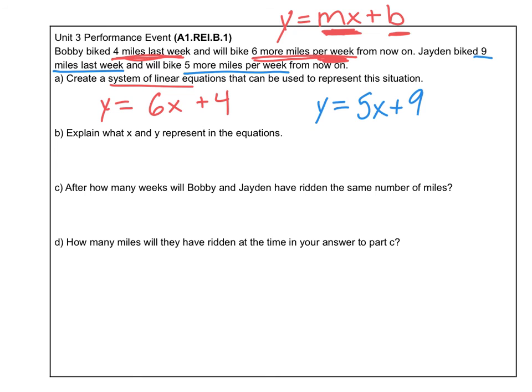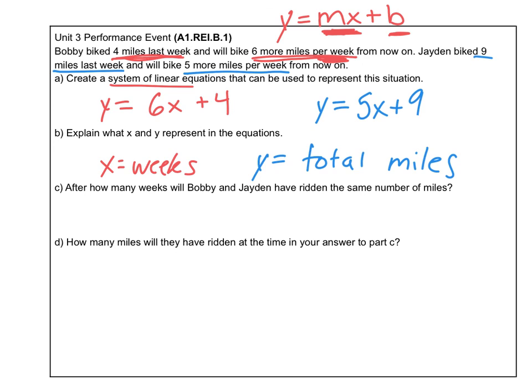What am I multiplying by, if I'm saying 6 more miles per week and 5 more miles per week? Weeks, right? So x is just going to equal weeks. What about y? Miles, or total miles, right? Total miles.